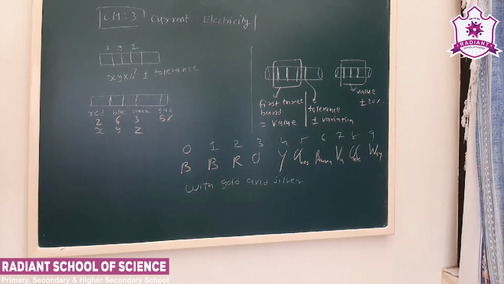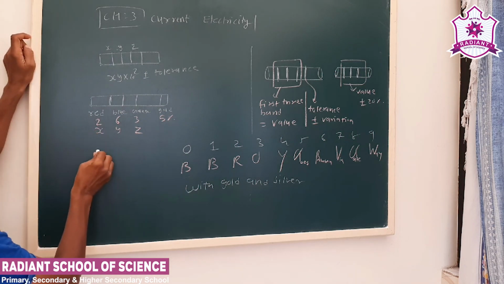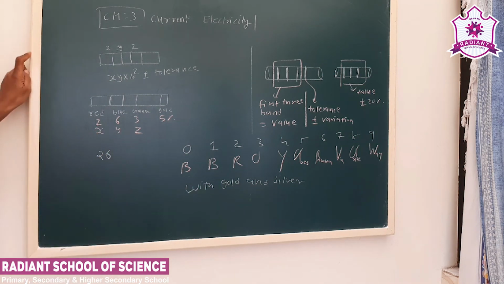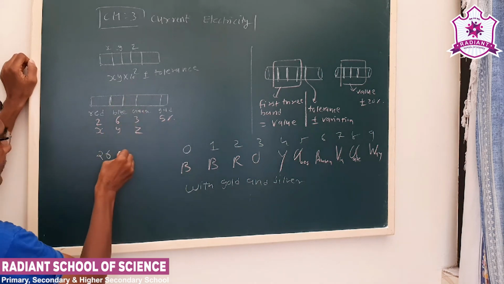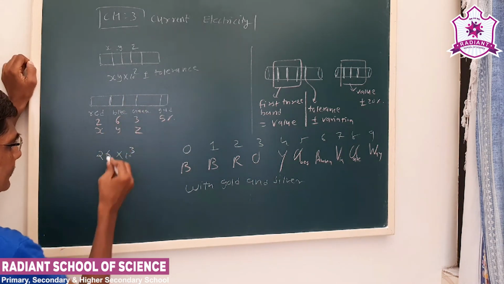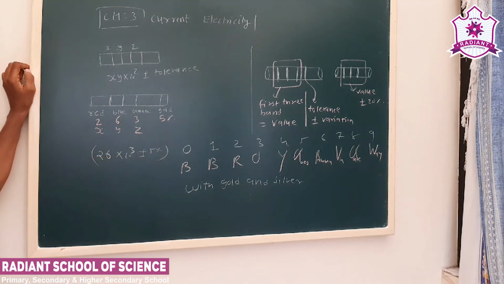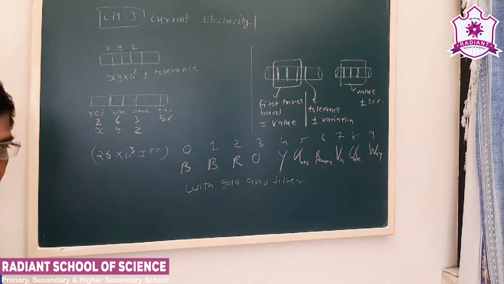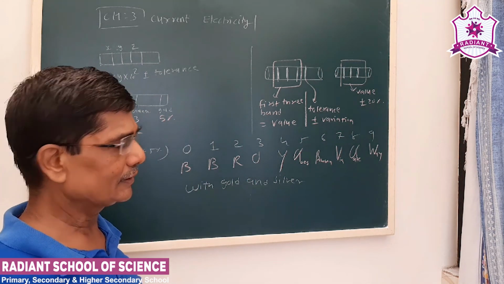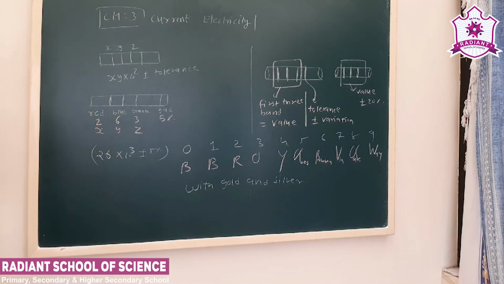Now by using this formula, XY into 10 to the power Z, we do not have to multiply. We have to simply write together 26 into 10 to the power Z. Now Z is how much? 3. And what is the tolerance here? 5%. Okay. So this is how, by using this color code, we can determine the value of the resistance. So this is about the color code of the carbon film resistor.